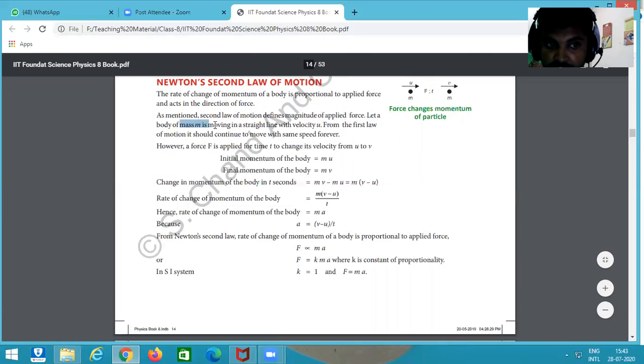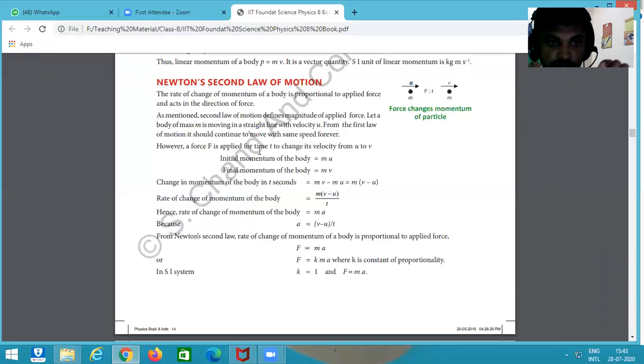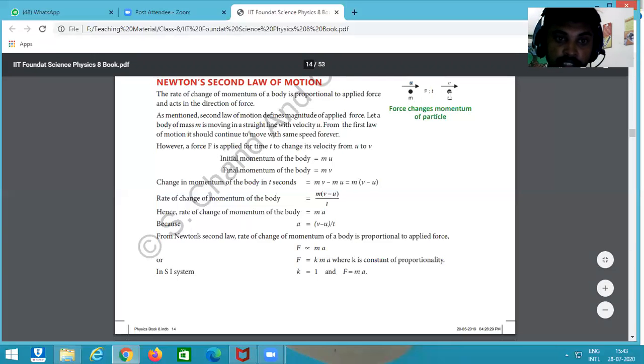Let a body of mass m be moving in a straight line with velocity u. From the first law of motion it continuously moves at the same speed. However, a force F is applied for time t, and then the final velocity of the object is v.